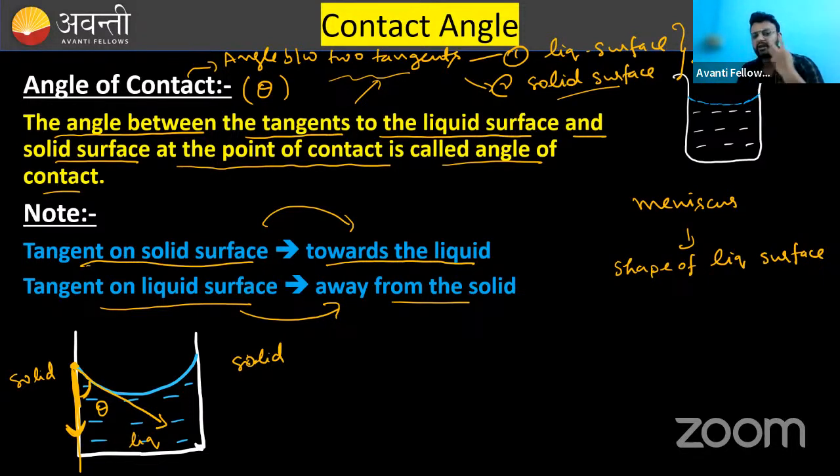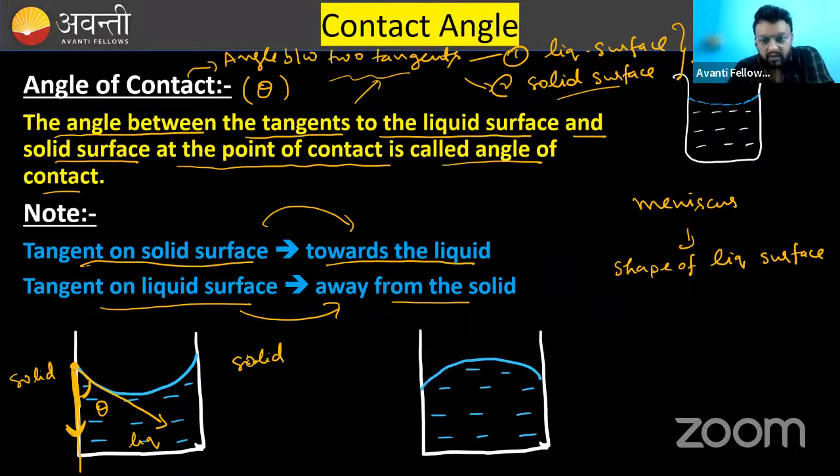Now I am drawing the tangents for one more surface, which is also very common, like this. This is again a liquid, but this time the shape is convex. I am drawing the tangents again at the point of contact. The tangent on the solid surface is this one, towards the liquid.